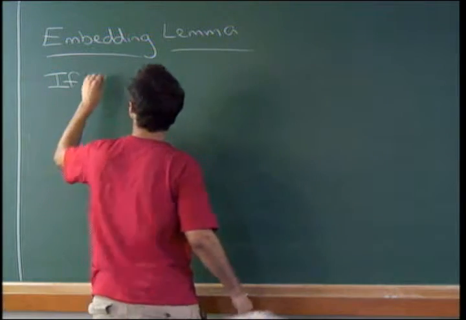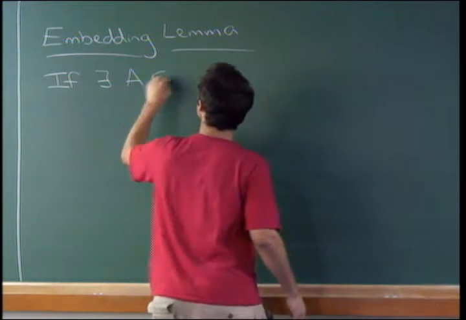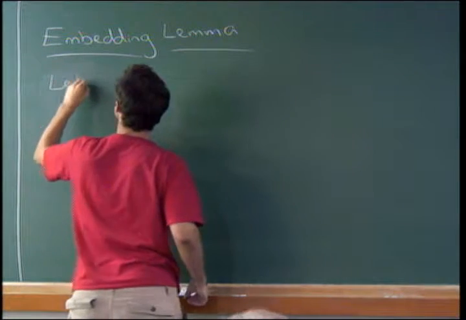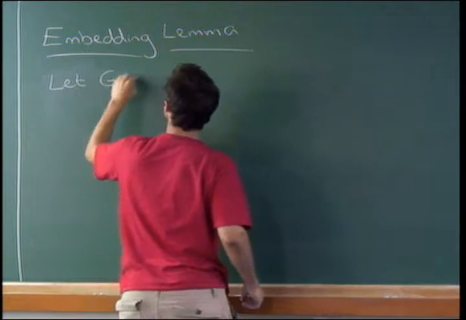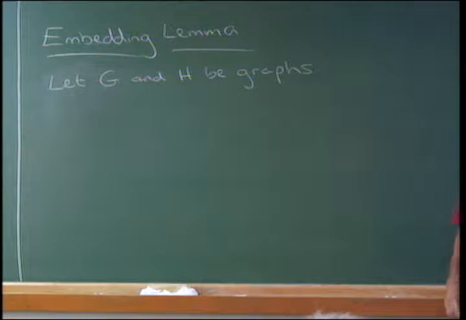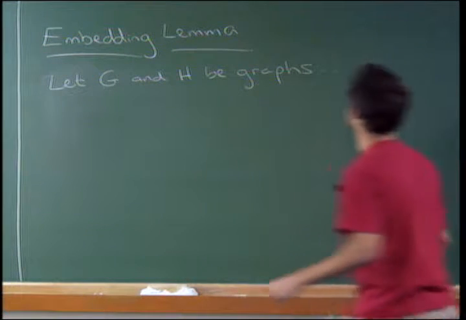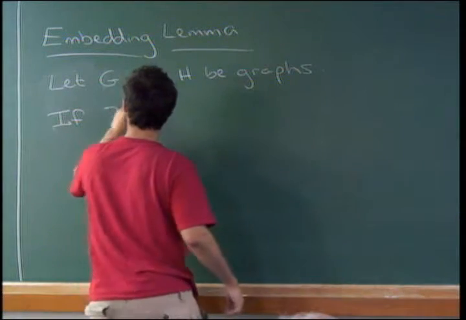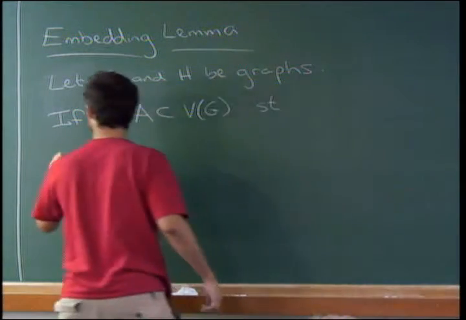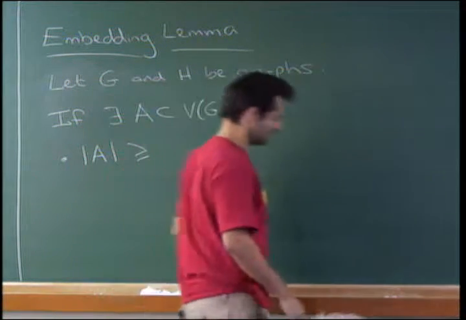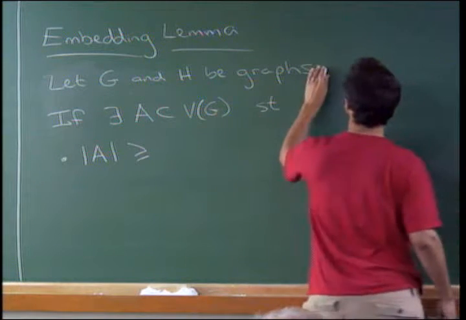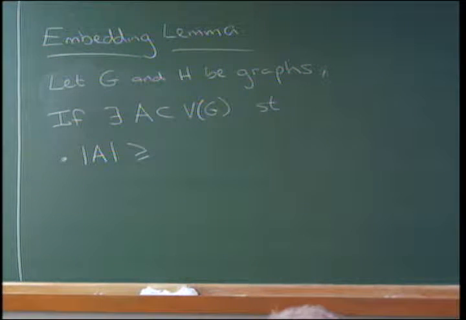So, for every G and H graphs, we're going to try and find a copy of H inside G, if there exists a subset of vertices in G such that, sorry, I'm going to need one more condition.